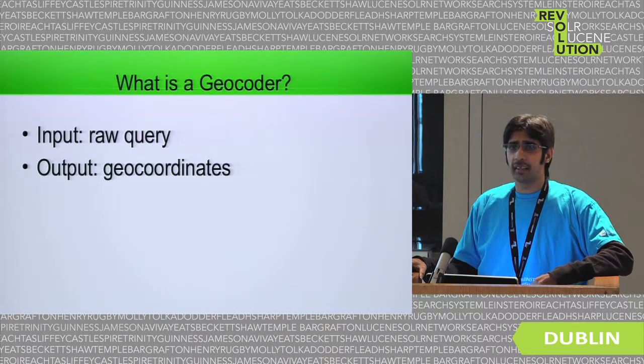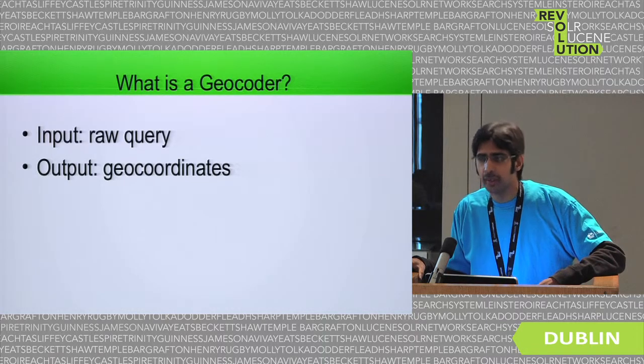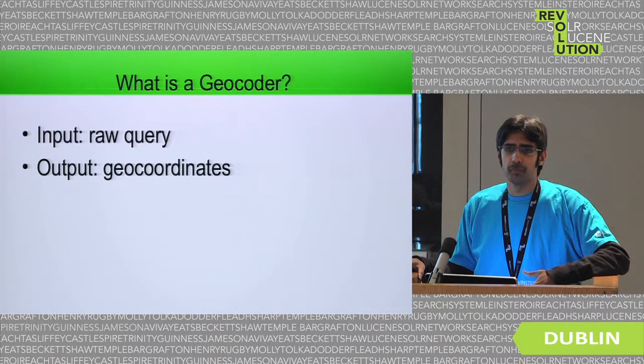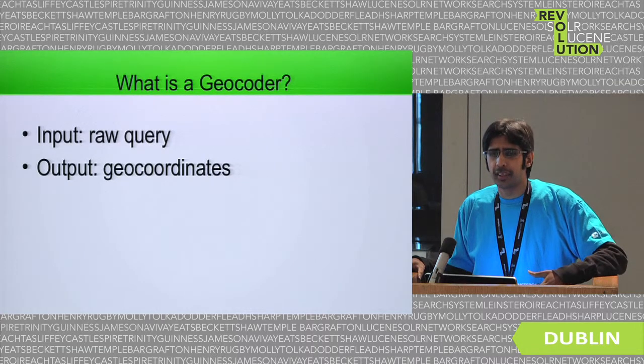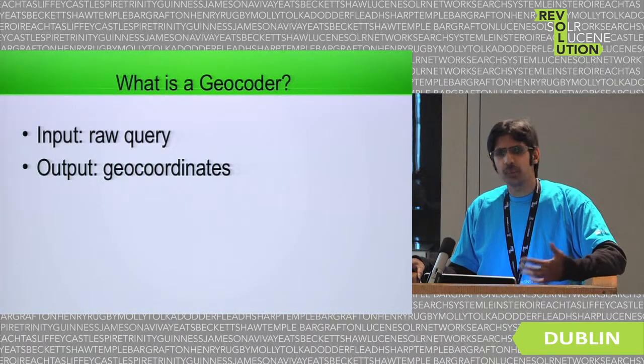A query can be like hotels near Dublin, hotels inside Dublin. It could be Dublin itself. It could be Berlin, Germany. So various queries.